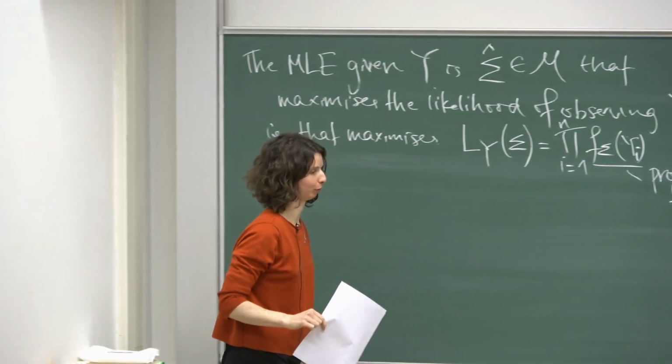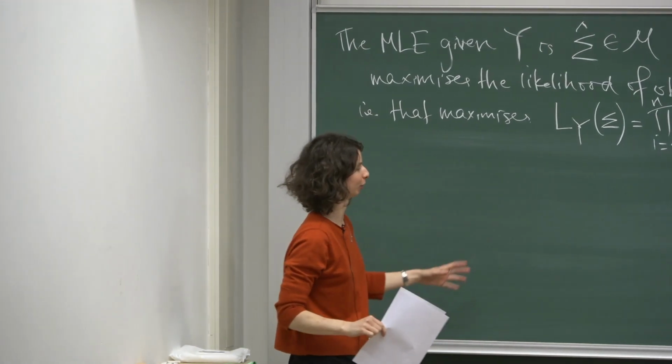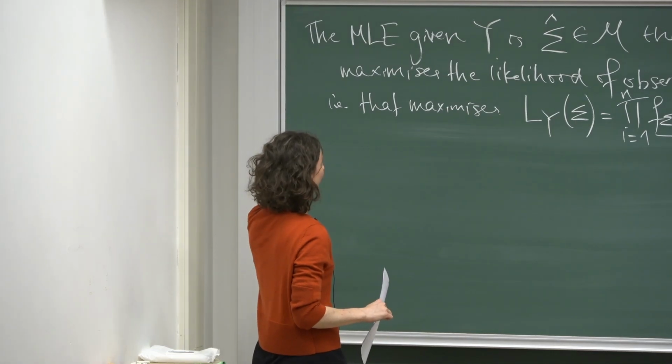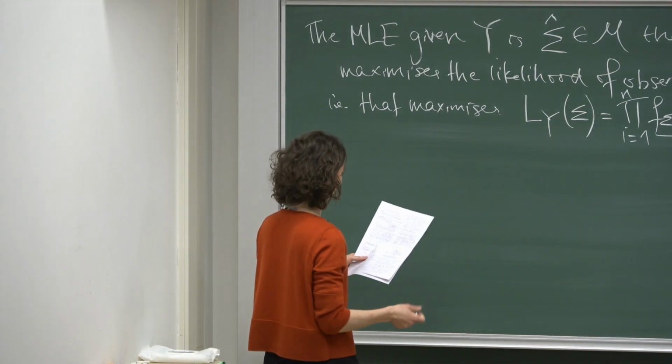Anyway, this doesn't really matter if you don't know the formula for this, because I don't think I can write it down from memory. So that's what the maximum likelihood estimate is.